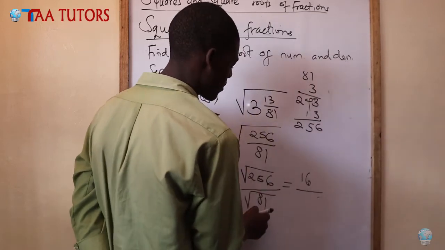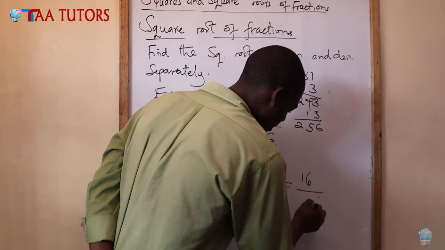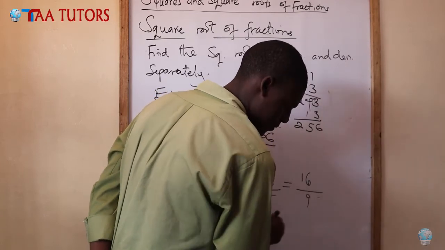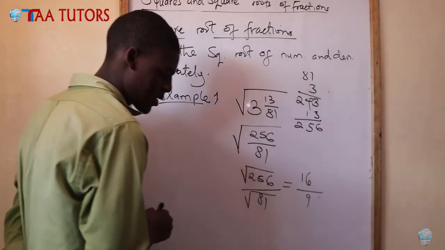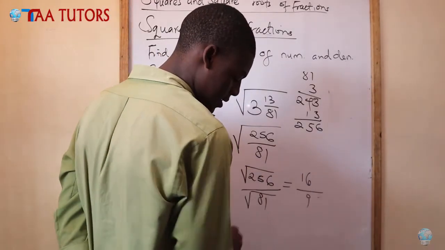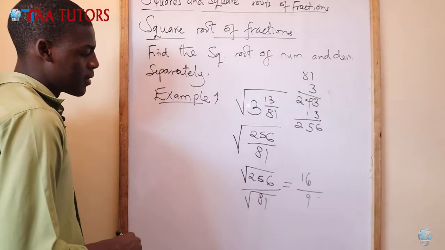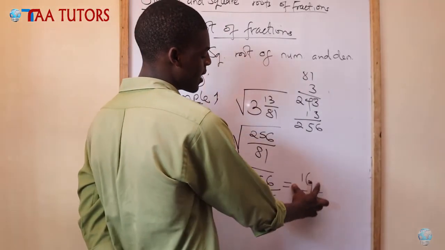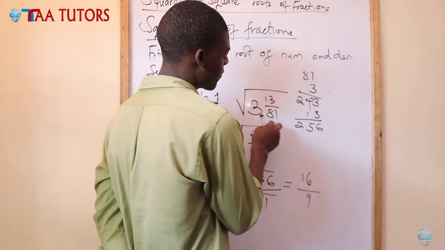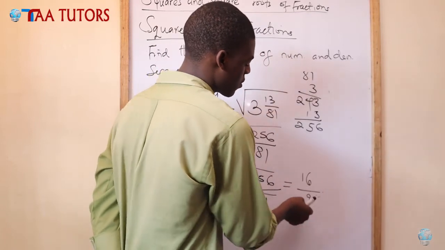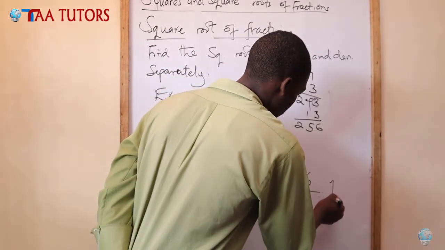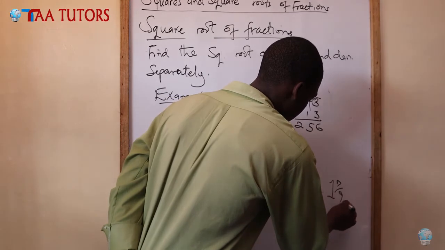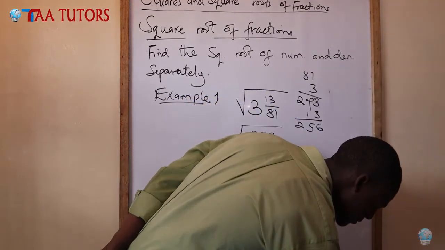And the square root of this one is 9. When we have it that way, this one is now our answer. But remember, in this case, we can decide to write the answer to mixed fraction as there was in the question. So that one will be 1 whole number and 7 over 9.